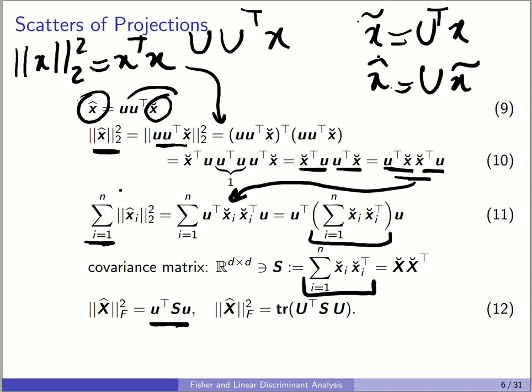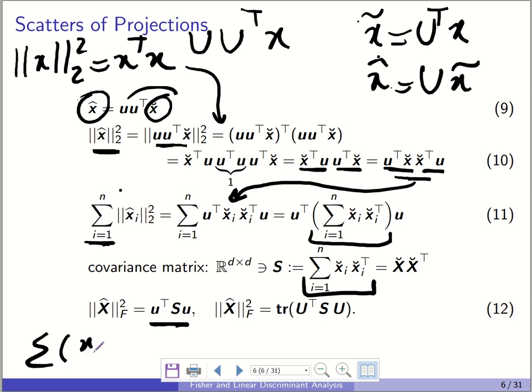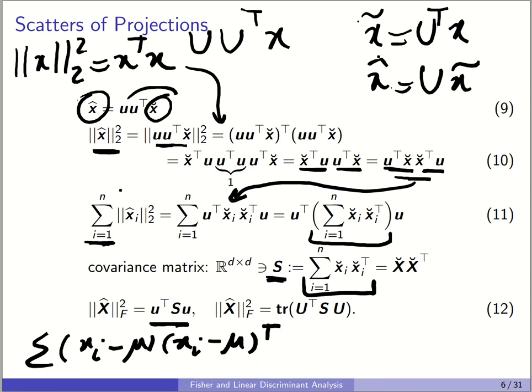This is the definition of the covariance matrix, because the covariance matrix is defined as x_i minus mu times x_i minus mu transpose, which is d by d, and we denote it by S. So we say that the squared Frobenius norm of the reconstructed data, or the squared L2 norm of the reconstructed data, is equal to U transpose S U. Frobenius norm is somehow like the L2 norm for matrices.